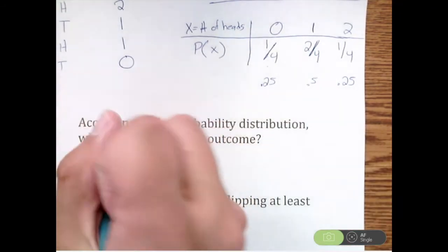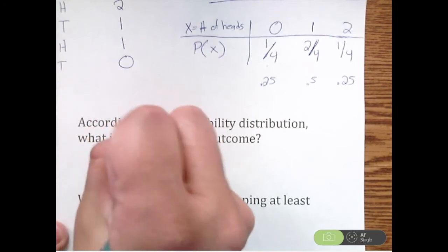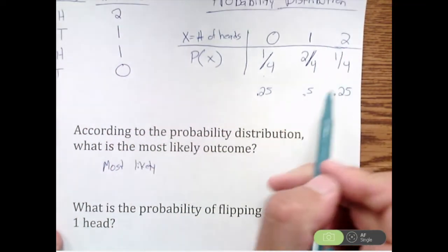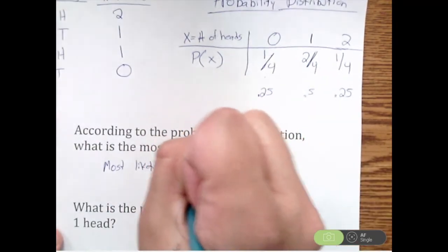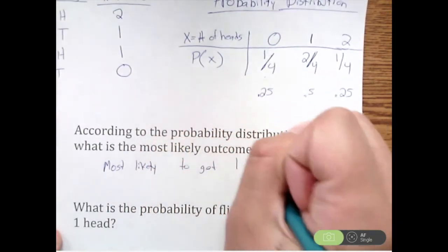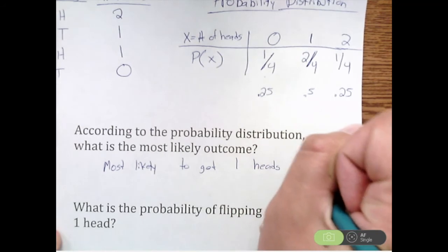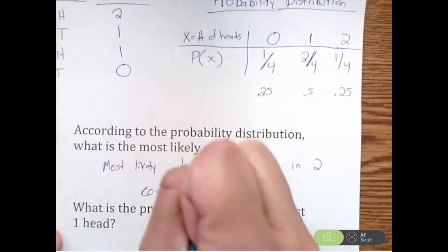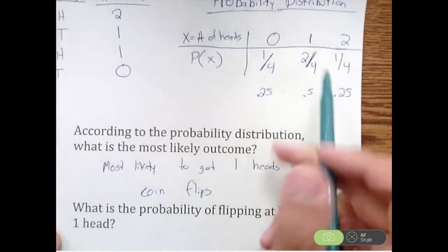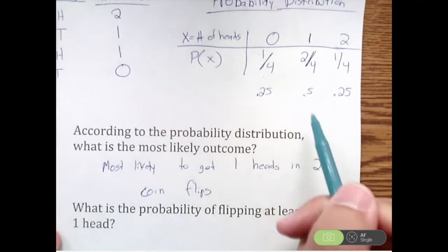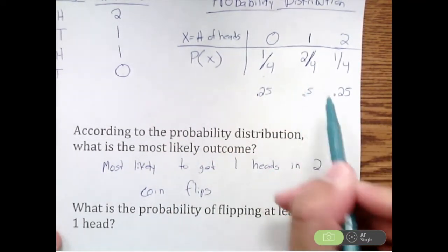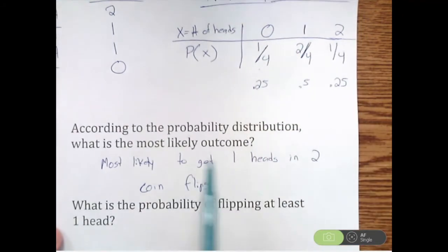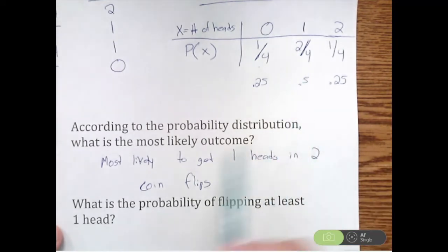So we are most likely to get 1 head in 2 coin flips. And again, the reason for that is that it has the greatest probability. So 0.5 is higher than 0.25 and 0.25, so getting 1 head in 2 coin flips is the most likely outcome.